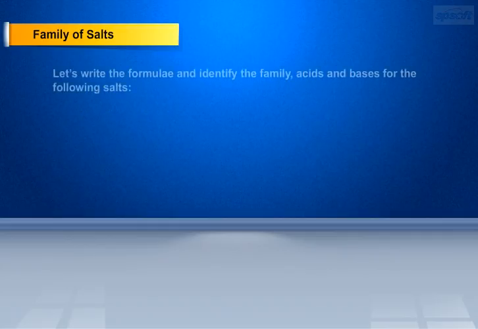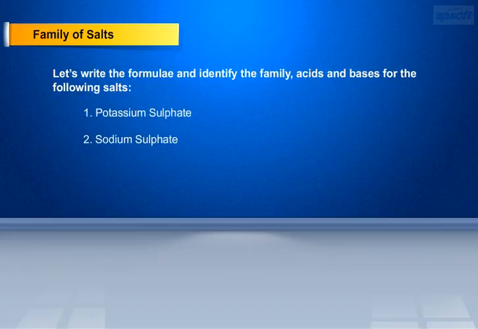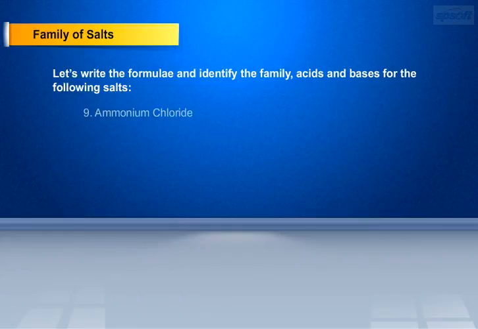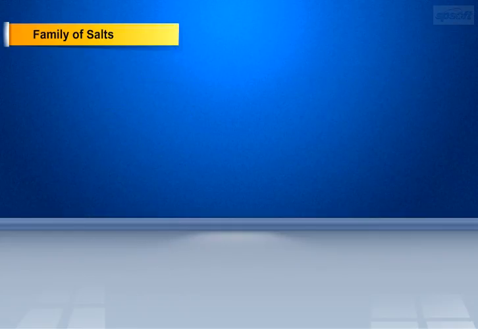Let's write the formulae and identify the family, acids and bases for the following salts: potassium sulfate, sodium sulfate, calcium sulfate, magnesium sulfate, copper sulfate, sodium chloride, sodium nitrate, sodium carbonate, ammonium chloride.